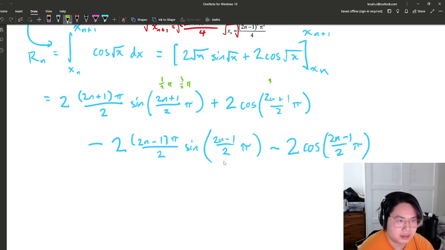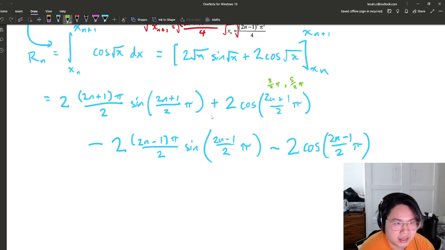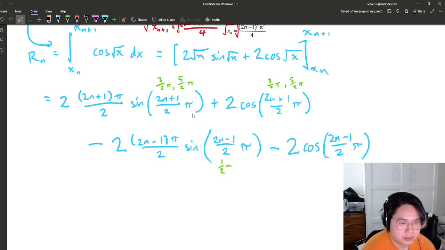Same thing here: 3/2 pi, 5/2 pi. Depending on what n is, because n is at least 1, this is either 3/2 pi or more, and it's always an odd half. Same thing here, it's an odd half, but because it's minus 1, you have 1/2 pi or more.